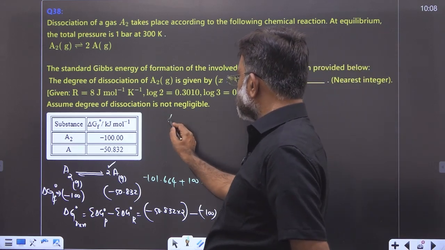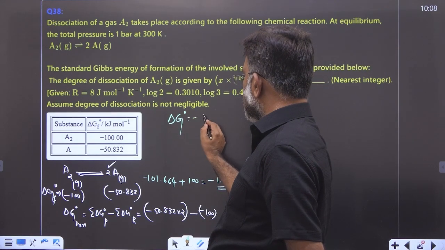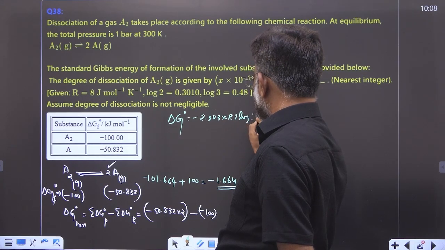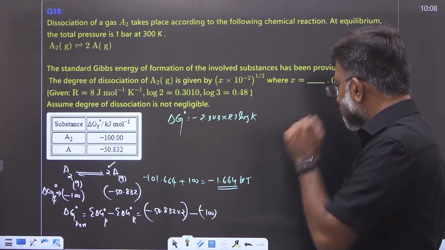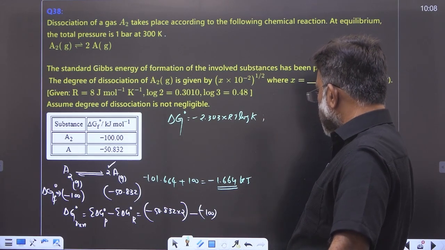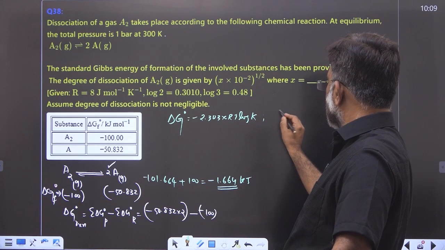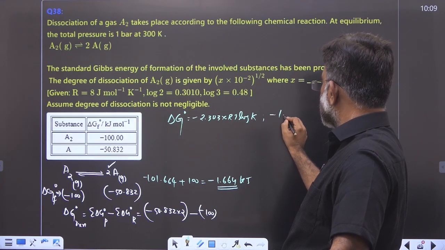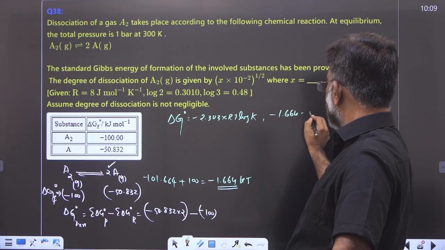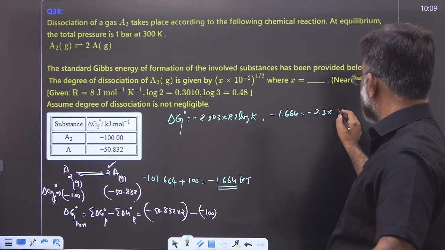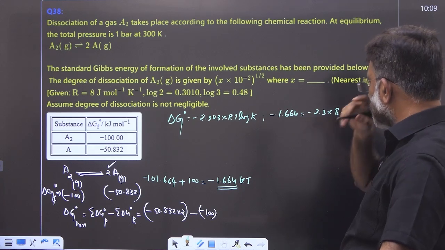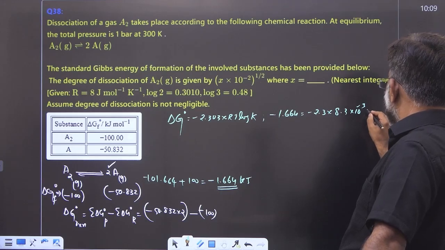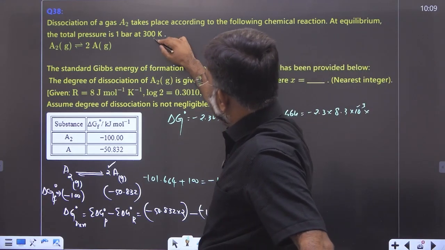Now we can find the equilibrium constant K. What is the formula? Delta G not equals minus 2.303 RT log K. So that will be minus 1.664 equal to minus 2.303 into R, 8.3 into 10 power minus 3, into temperature given, 300.